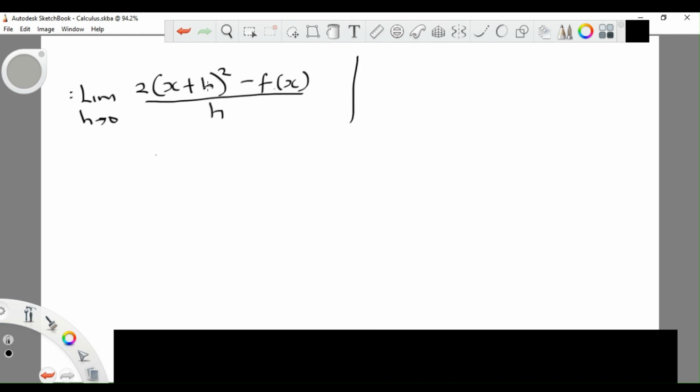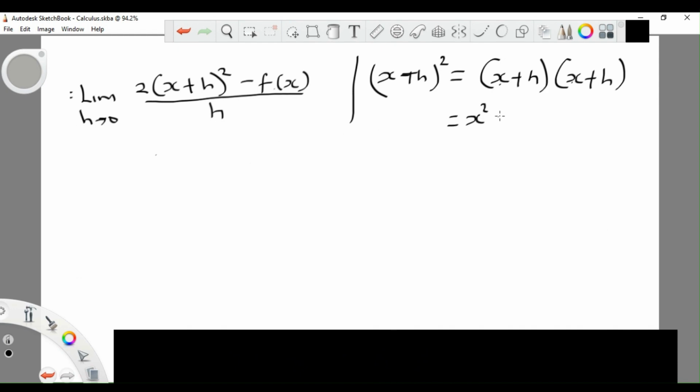x plus h all squared is the same as saying x plus h times x plus h. All right. So x times x is x squared plus x times plus h is xh, plus h times x is plus xh, plus h times h is h squared.